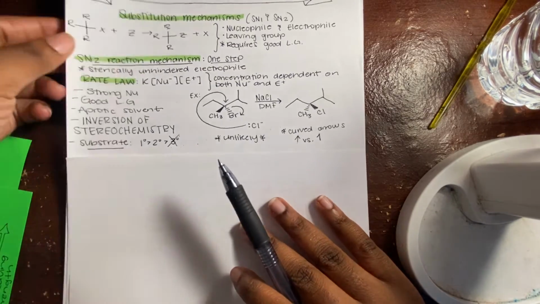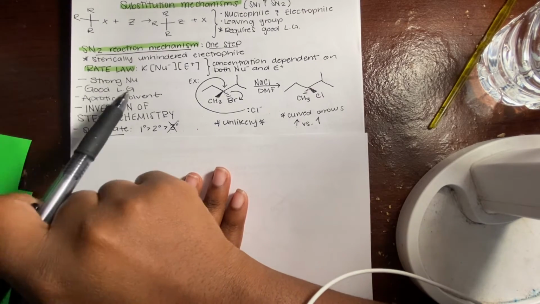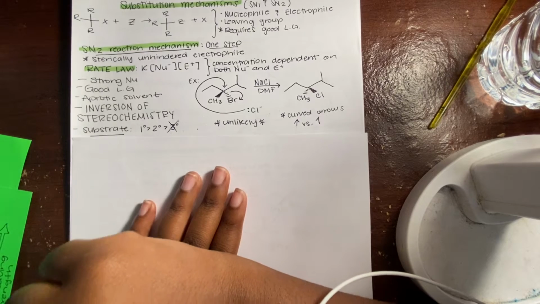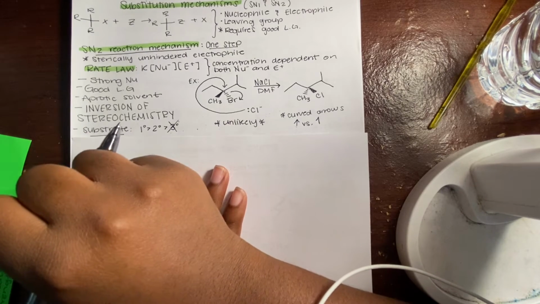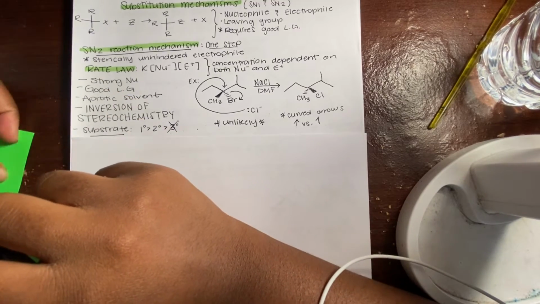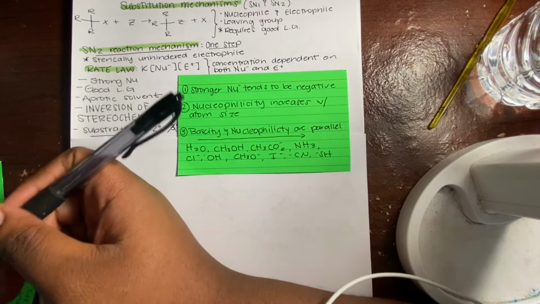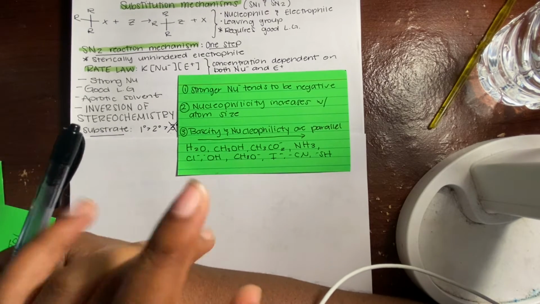Okay. Some characteristics of the Sn2 reaction: you need a strong nucleophile. When looking at strength of nucleophiles, stronger nucleophiles tend to be negative.